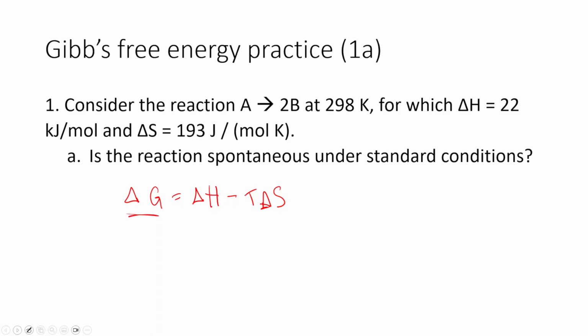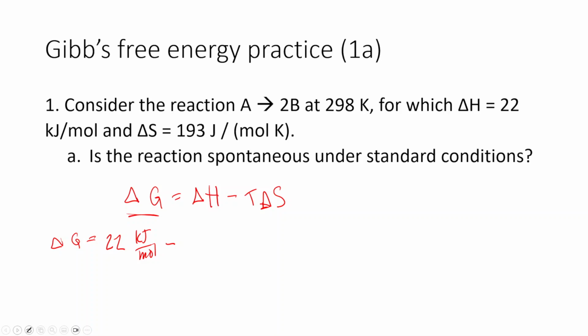Okay, so who can help me fill in this equation? So for delta H, can I just fill in 22 kilojoules per mole? Is that cool with everyone? Okay. All right, what do I fill in for T? Yeah, so it's under standard conditions, so that's 25 degrees C, but we always have to do everything in Kelvin, right?